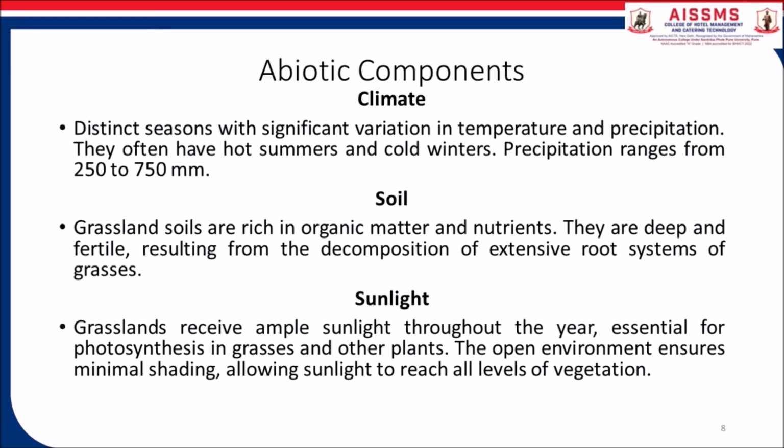They often have hot summers and cold winters. The precipitation level ranges from 250 mm to 750 mm annually, which is sufficient to support the grasses but not generally enough to sustain the growth of a large forest.